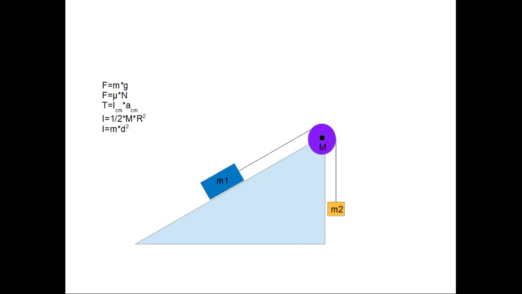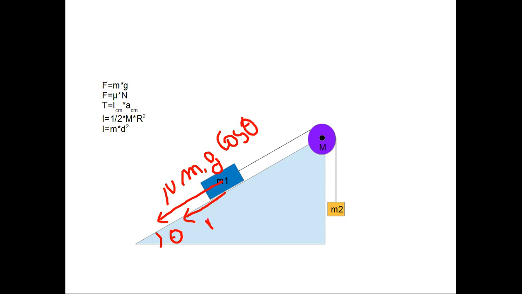So we have here friction, which is mu times m1 times g times cos theta, and we have theta here. And we have another component of the force, m1 times g, which is the weight, times sine theta.